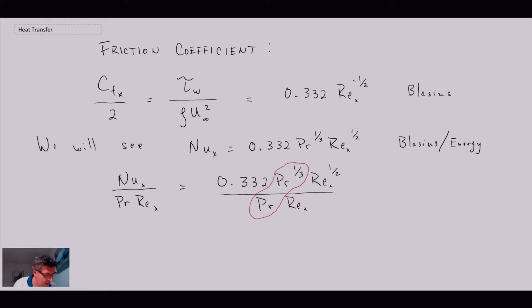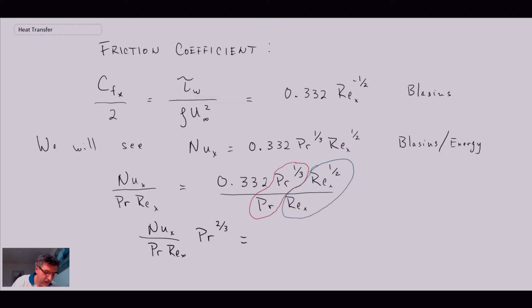And I'm going to take that over to the left-hand side of the equation. And with that, we get Nusselt number x. Okay, so I brought that over to the left-hand side. And then the other thing that we have here, we have Reynolds number to the 1/2 divided by Reynolds number. That results in being Reynolds number to the minus 1/2.